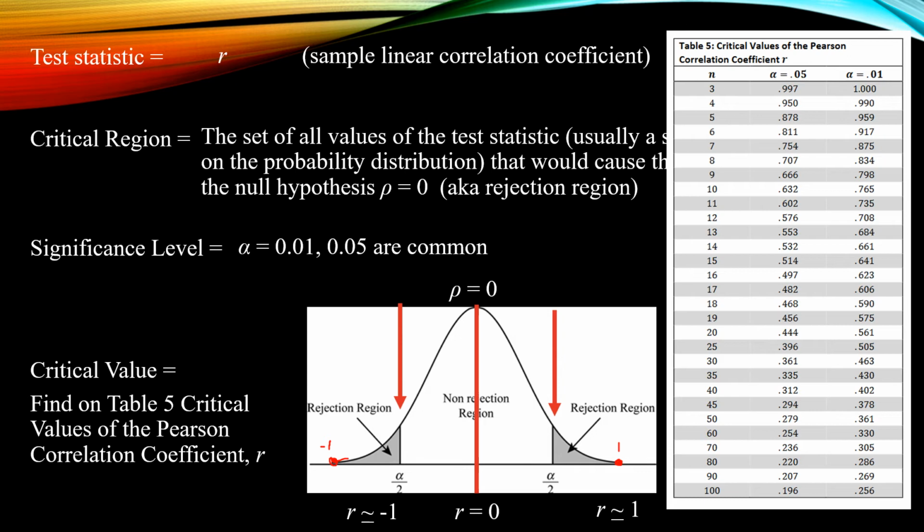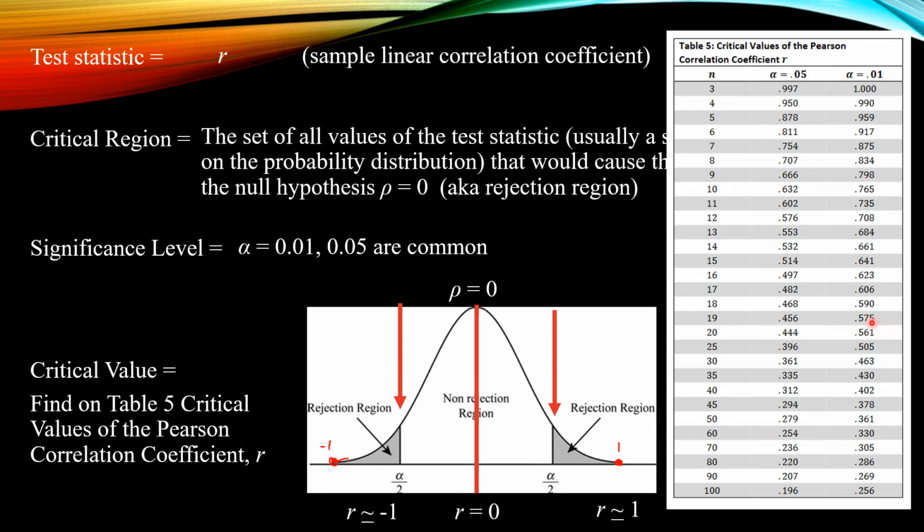You'll notice that with only 3 data points, you've got to have a really, really close, almost perfect linear correlation in order to see a significant value. But when you get to 20 data points, the number that gives you a significant linear correlation for a 1% test is 0.561.